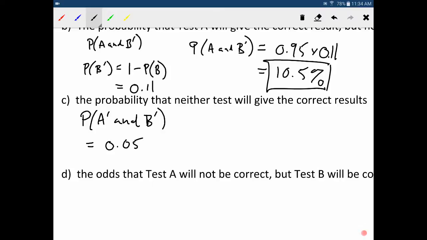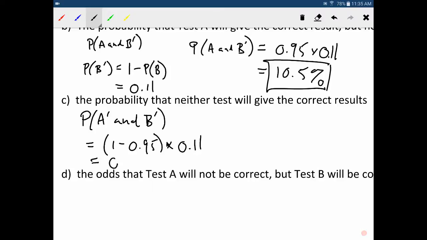Let me actually write that down, sorry, I'm getting ahead of myself. So we'll have 1 minus 0.95, and we'll multiply that by the 0.11 that we already found.